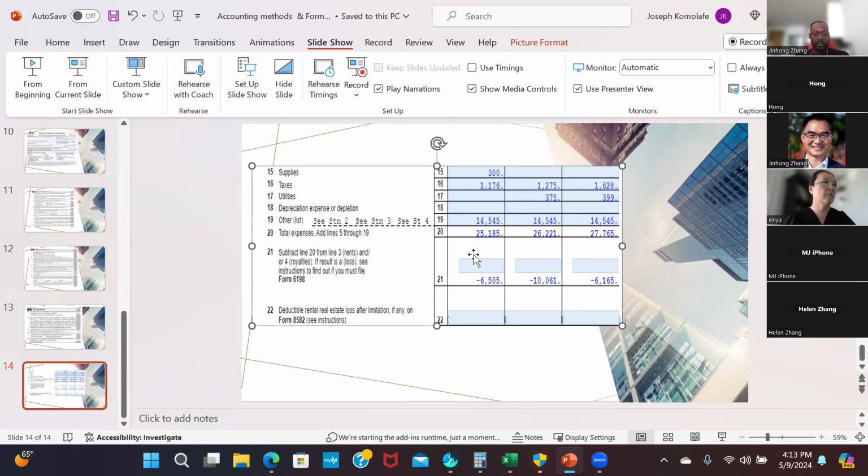Then we have a choice of whether to go back and amend the tax return for the last 3 years, or we can fill out this Form 3115 and then just take it from this year, right? Right. If you want to amend it, you can go back and amend. You have the option of amending up to 3 years. So if we don't go back to amend, we can just say we start from this year, and then we don't need to fill out the Form 3115.